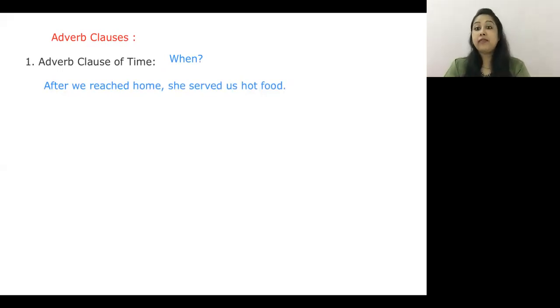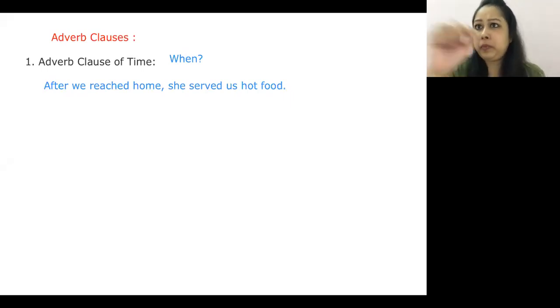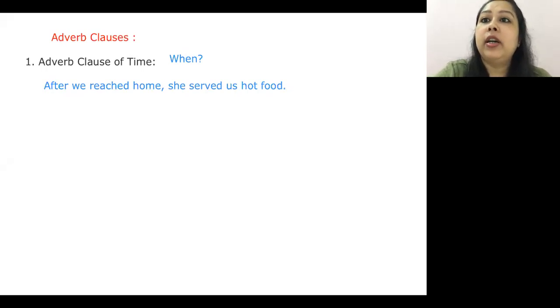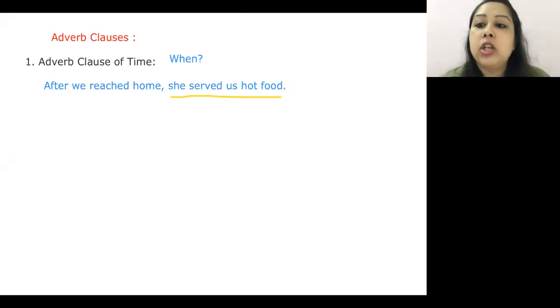Now, if I have to analyze this sentence, a lot of students tell me, Miss, main clause is always in the beginning. Not always. Let's see where my main clause is. Superb, she served us hot food. Very good Avishkar. She served us hot food becomes my main clause.